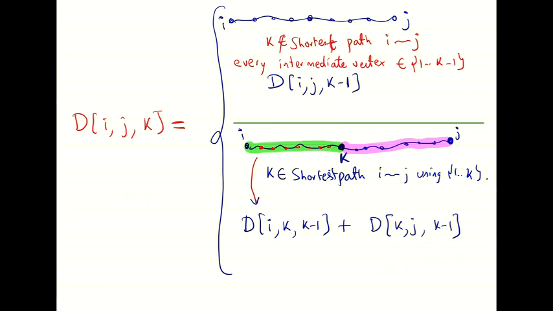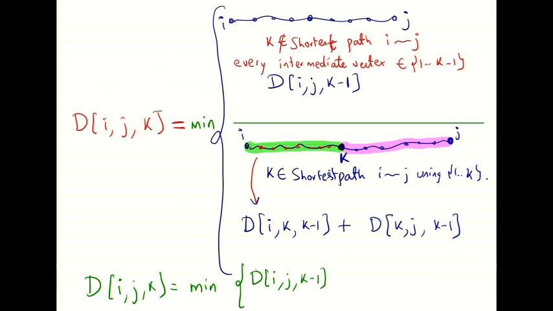So let me write the recurrence again here. What we got is this very simple, nice recurrence. d_ijk is the minimum of these two possibilities: on the one hand, it can be d of i, j, k minus 1, or it could be d of i, k, k minus 1 plus d of k, j, k minus 1.